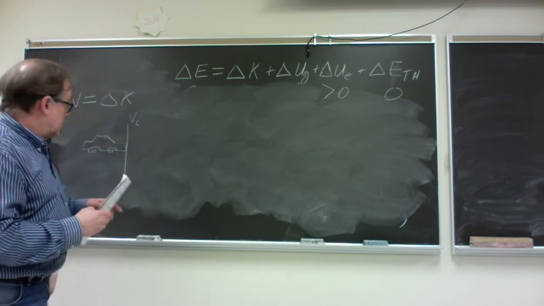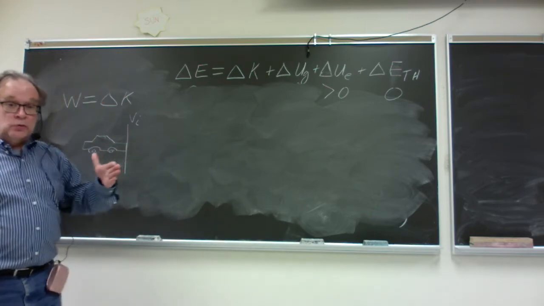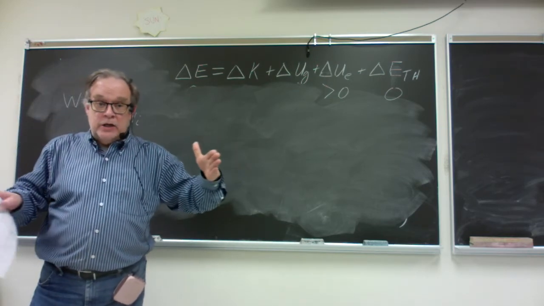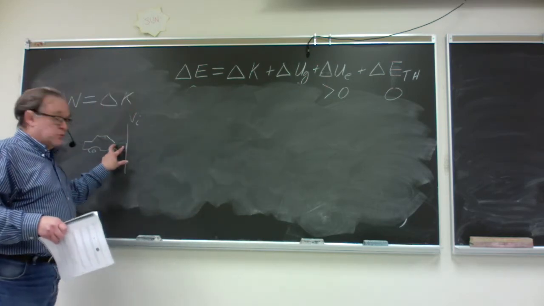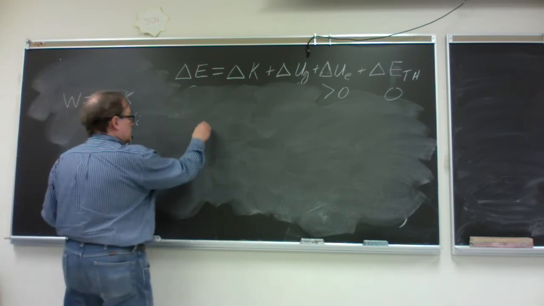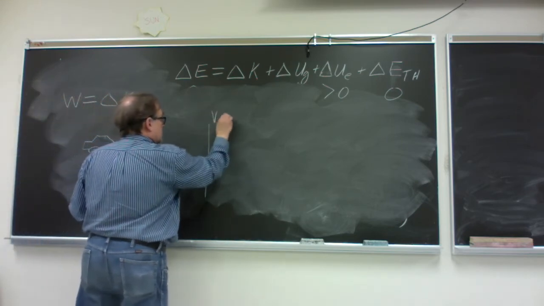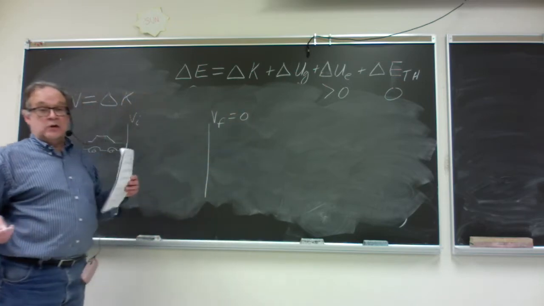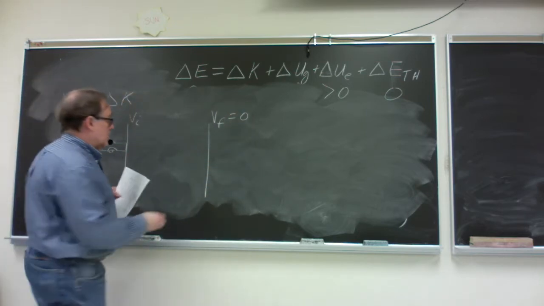And let's say this car has just a crumple zone, so that as the car keeps moving, the front end of the car just crumples up. And what we're left with in the final state, where the car has a final velocity of 0, it's been completely stopped.